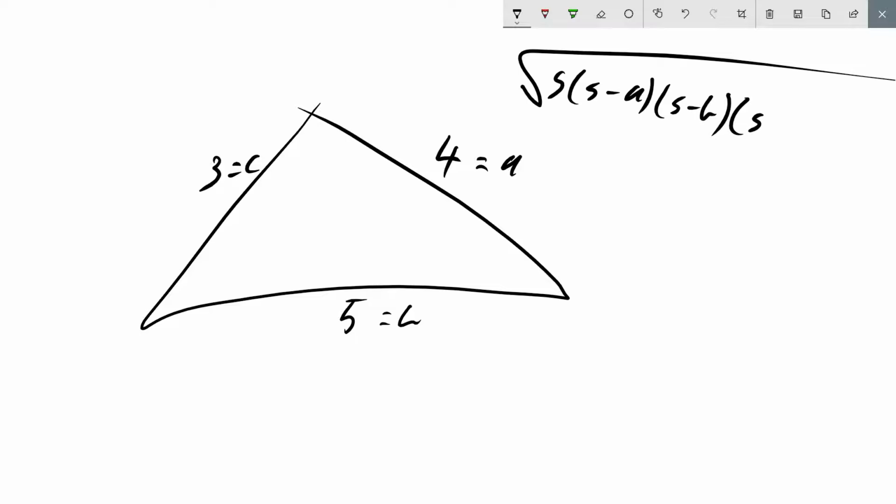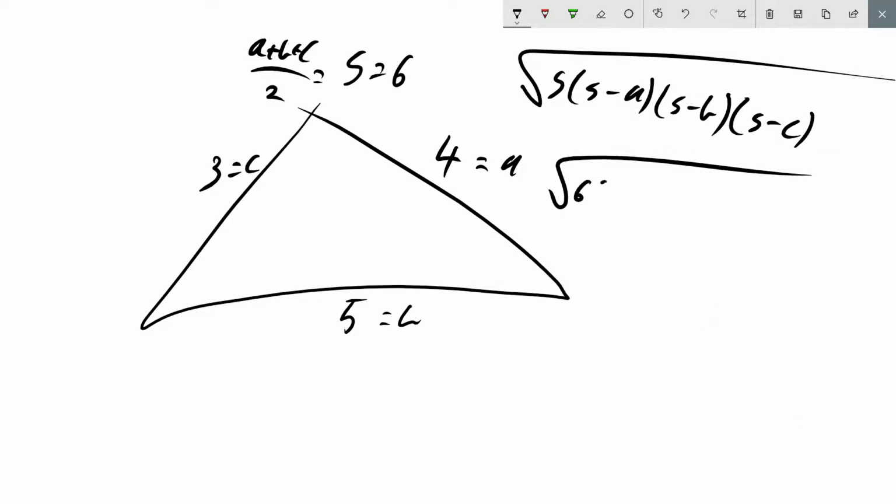The semi-perimeter is just the perimeter divided by 2. So 4 plus 3, 7 plus 5, 12. 12 over 2, semi-perimeter is equal to 6. So S is equal to 6, which is just A plus B plus C over 2. Right? There's the semi-perimeter. So now I just have to plug it in here.